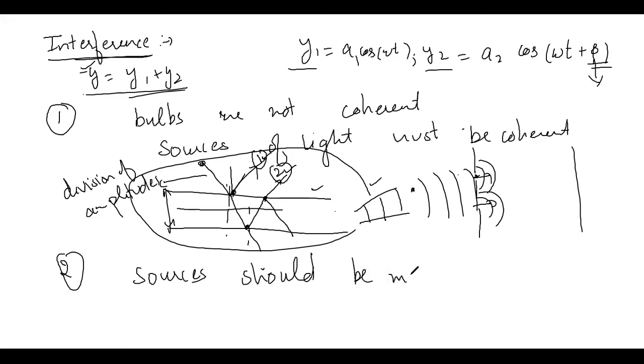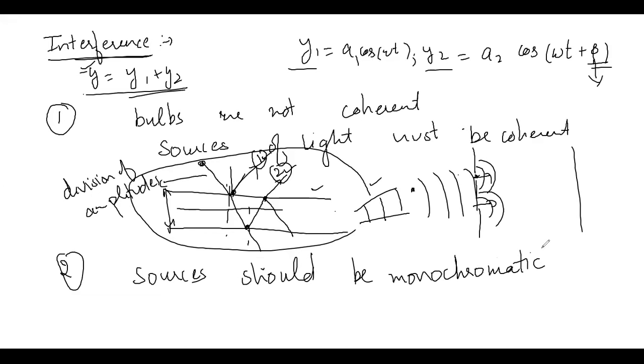For example, as I said before, in the soap bubble, when light is incident, the colors that we see are in the sunlight. And we know sunlight is for sure not a monochromatic source of light, but nonetheless, we see the color pattern there. So it's not as if we won't see the interference pattern if the source is not monochromatic.